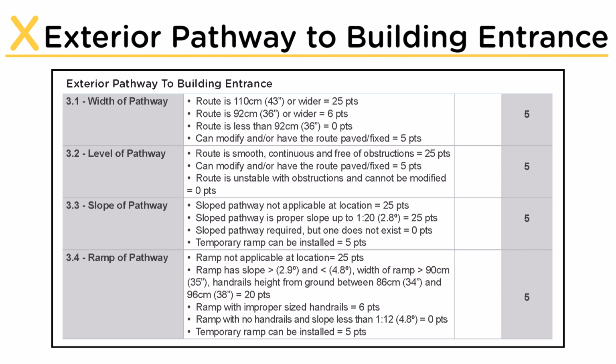Any slope steeper than 4.8 degrees does not meet the accessibility requirements. Only an improper or missing ramp that cannot be fixed with remediation will fail the mandatory criteria. The standards for paved pathways are specific only to the location property itself, and do not include municipal sidewalks or roads leading to the location.